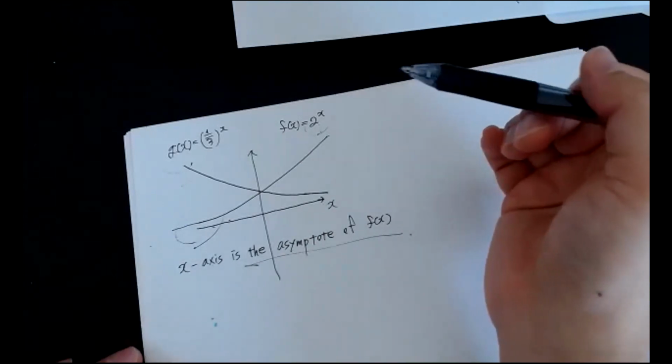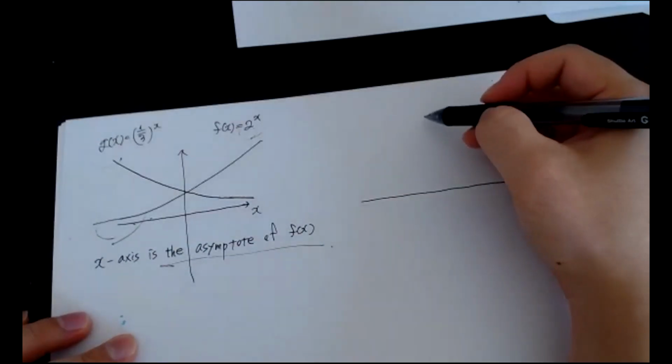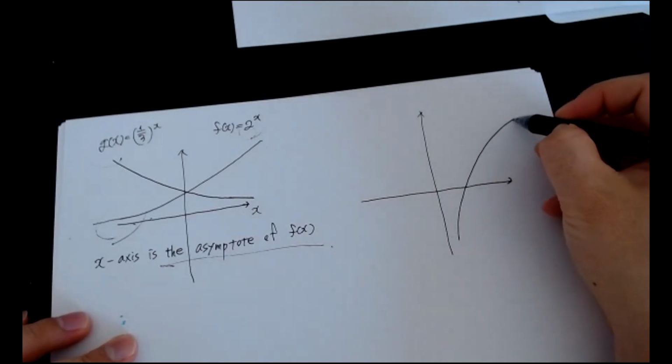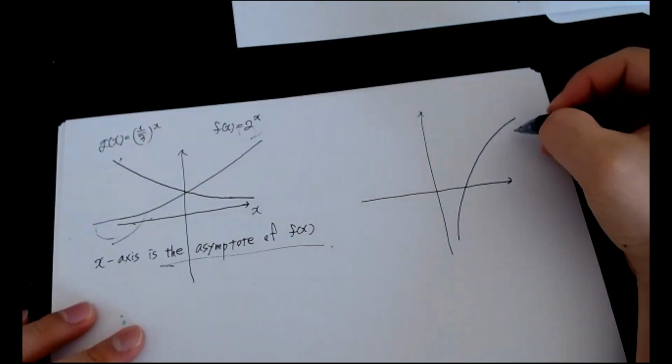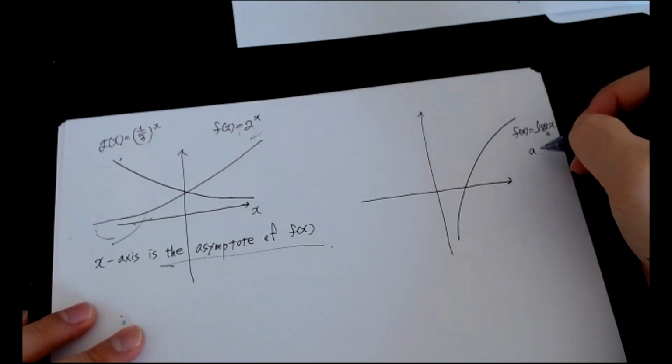So then what about the log function? Last time we learned the graph of the log function, right? So this one is going to be, say, f of x equals log of x to the base a, where a is greater than 1.